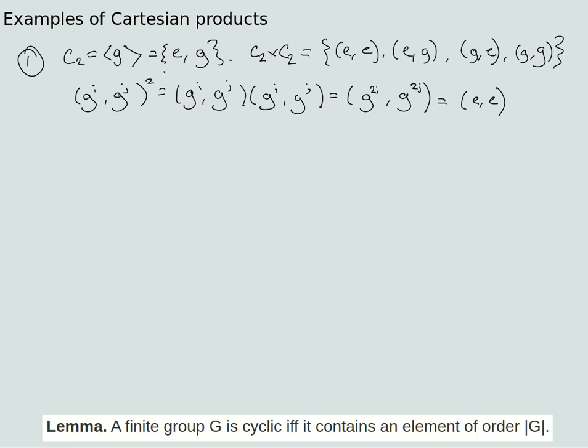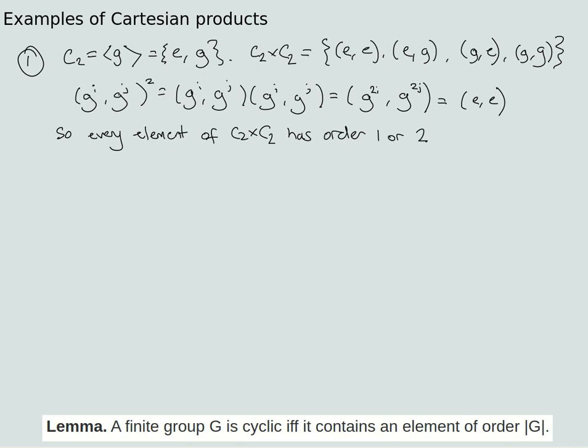So what we've shown here is that every element has order at most 2, because every element squares to the identity. So that means the order is at most 2. It's 1 or 2.